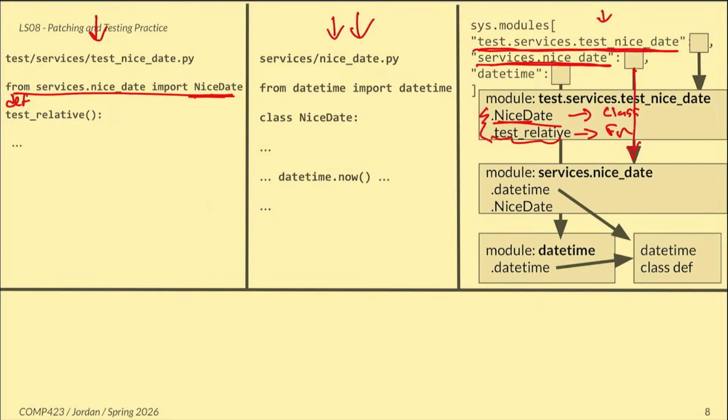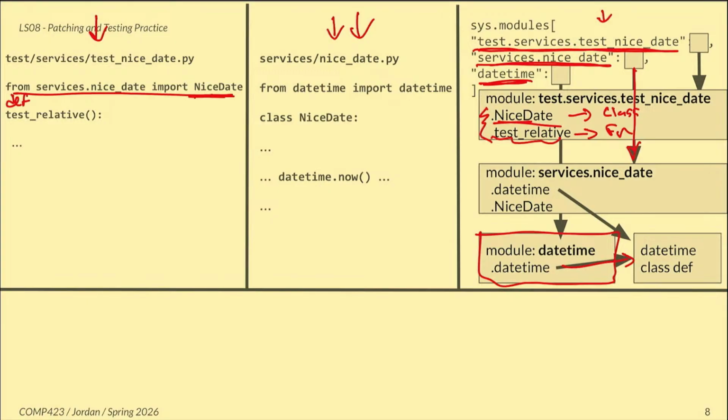So datetime was imported, and that's a reference to the datetime object, which we'll see. Although at this point in time, we would have needed to go and load the datetime module into the system, and that's where ultimately this module has a member, datetime, bound to the class definition, right?